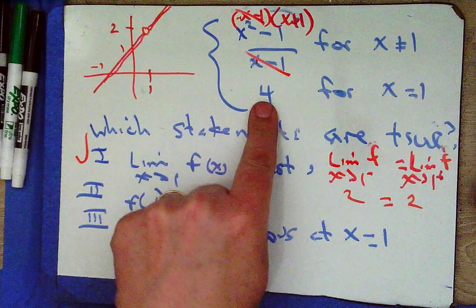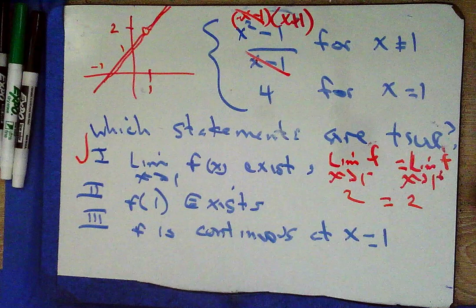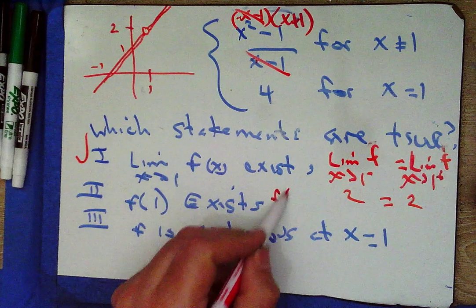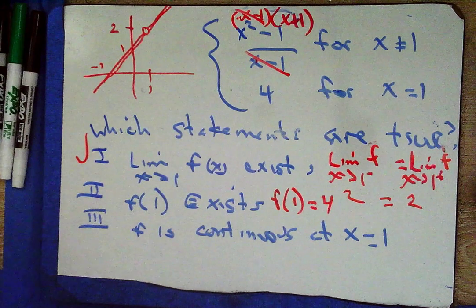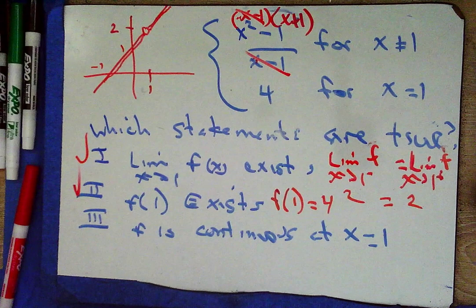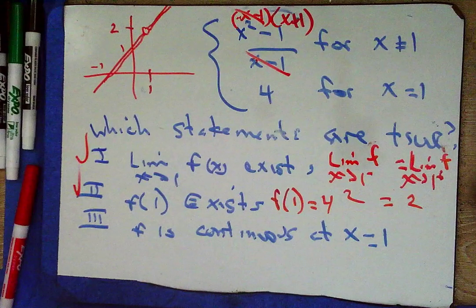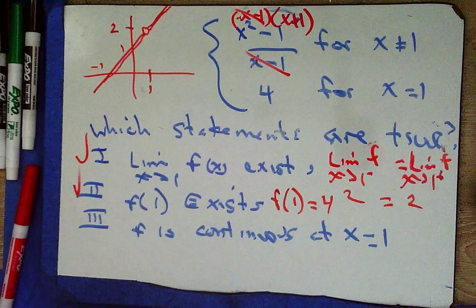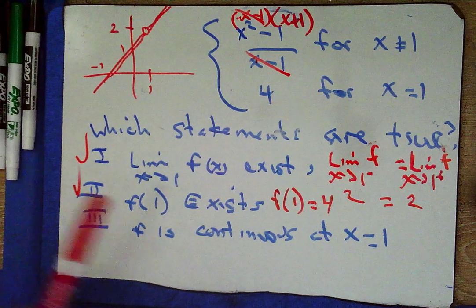But look at this. I know that f of 1 exists because they tell me f of 1 is equal to 4. So that one works. What about, is f continuous at x equals 1? The point exists, the limit exists. Is this function continuous at x equals 1? Okay, so here's what we say.